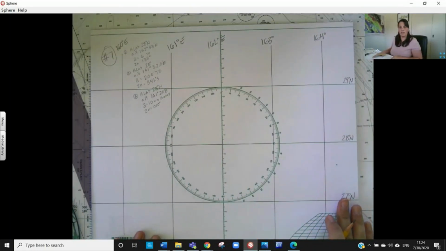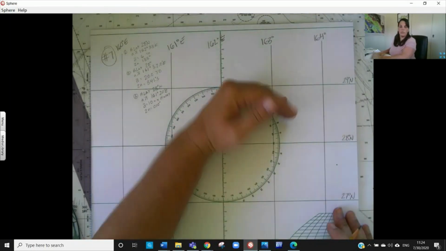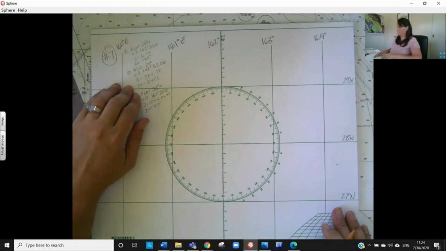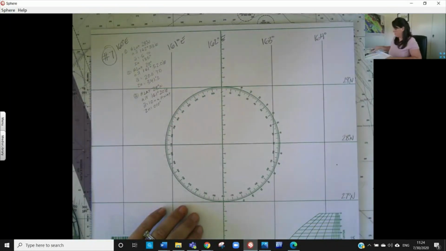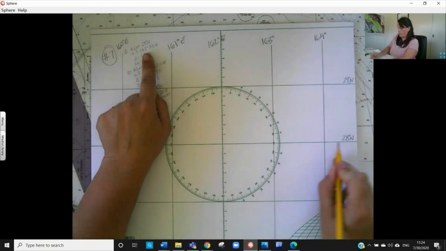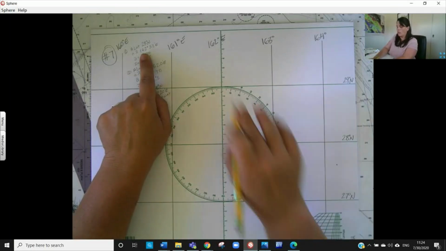So now we have our longitude lines and our latitude lines. We can start plotting our assumed positions to get our LOPs. Our first assumed position is on the 28-degree north line at a longitude of 162.33.